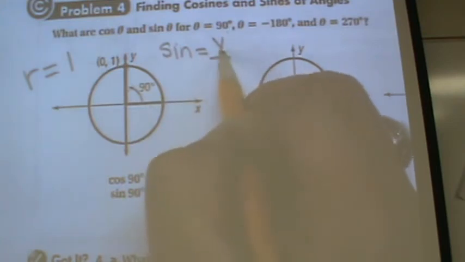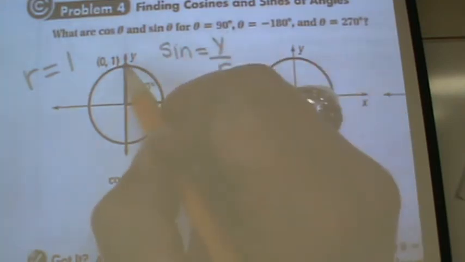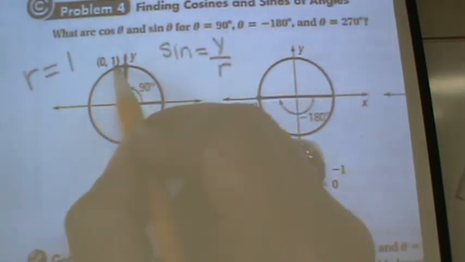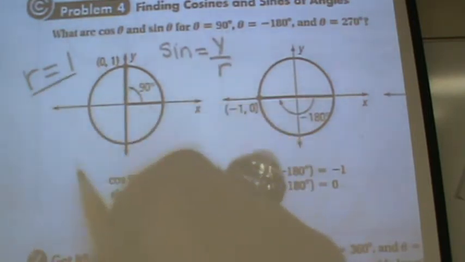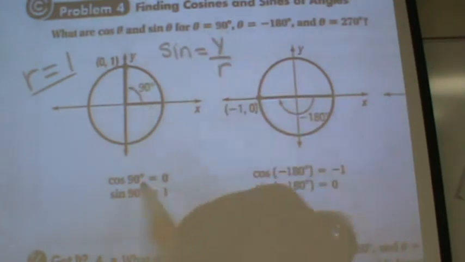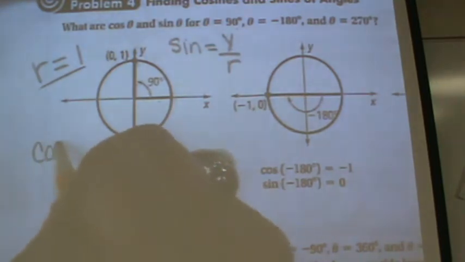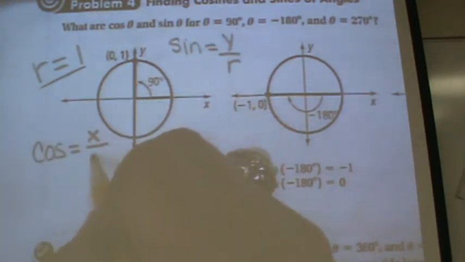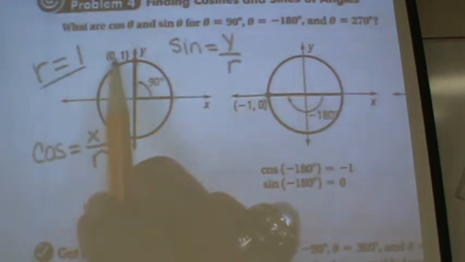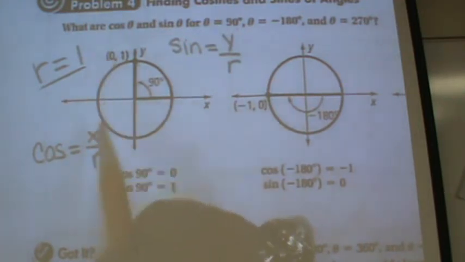What is the Y value at 90 degrees? 1. What's the R value I told you? 1. So what's the sine of 90? It's 1. What's the cosine? Cosine, we said, is X over R. What's the X value at that spot? 0. What's 0 over 1? 0.